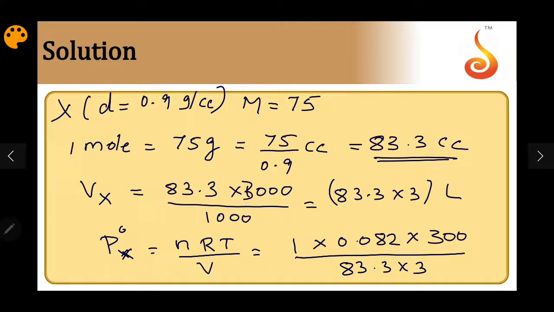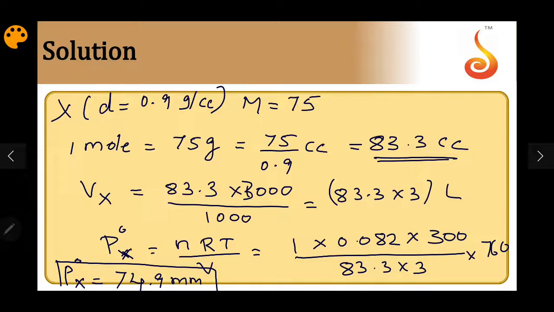Since you get it in atmosphere, if you multiply by 760, I get it in millimeters of mercury. So if you simplify that, P naught X will be coming up to 74.9 mm. This is the first part, 74.9 mm.